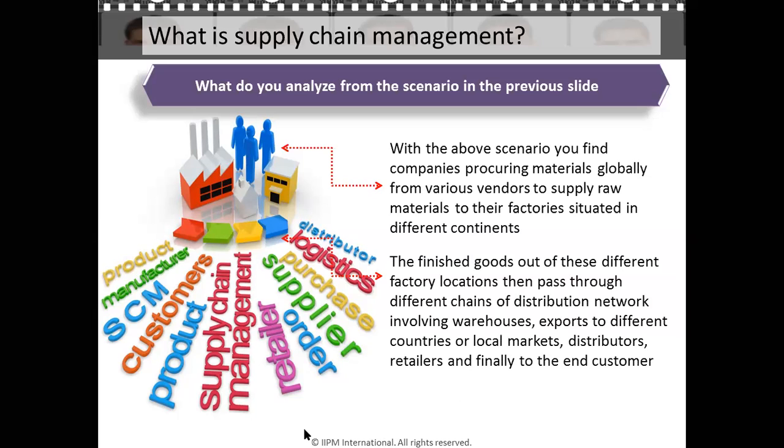With the above scenario, you find companies procuring materials globally from various vendors to supply raw materials to their factories situated in different continents. The finished goods from these different factory locations then pass through different chains of a distribution network involving warehouses, exports to different countries or local market distributors, retailers, and finally the end user.